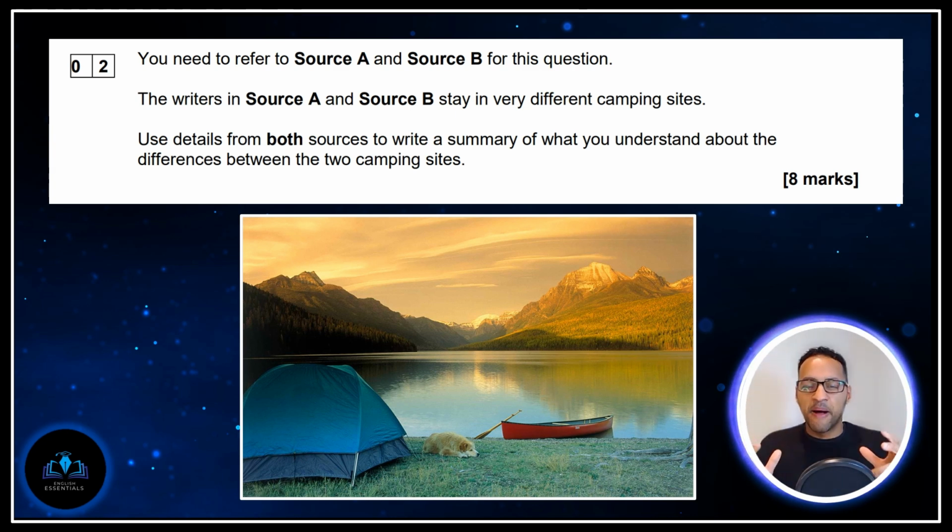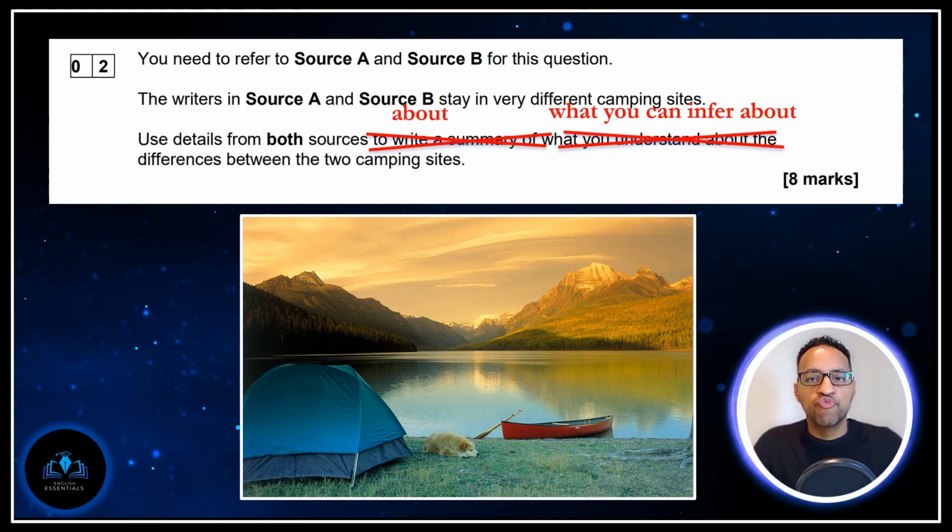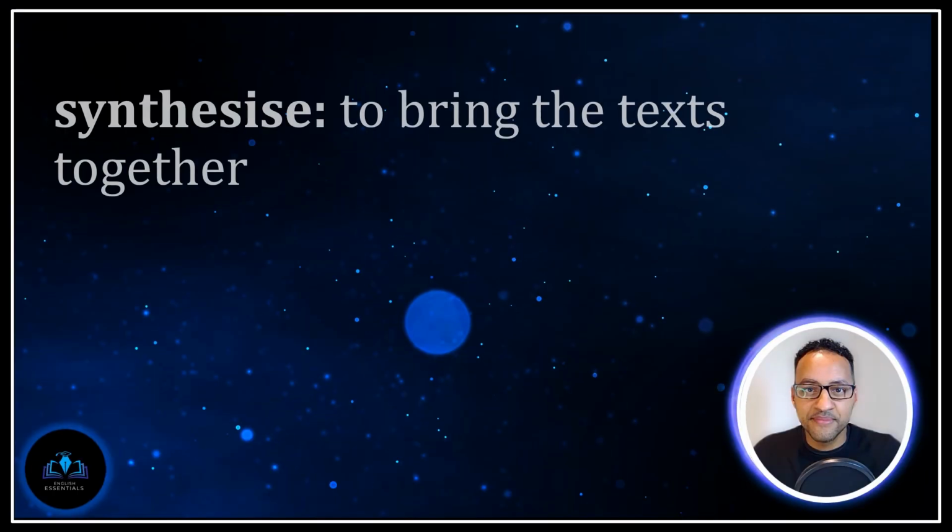So rather than think about this question as a summary, think about this question rather as asking you to infer. Write about the information and what you can infer. So mentally, use the details from both sources to write about what you can infer about the differences between the 2 campsites. And the better the inferences, the better your response will be.